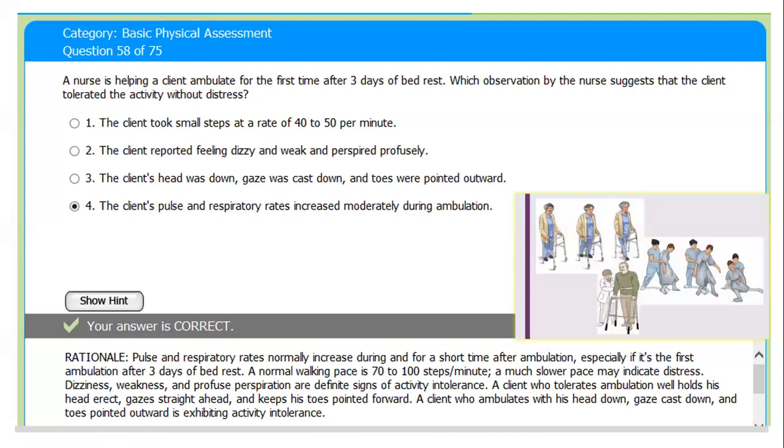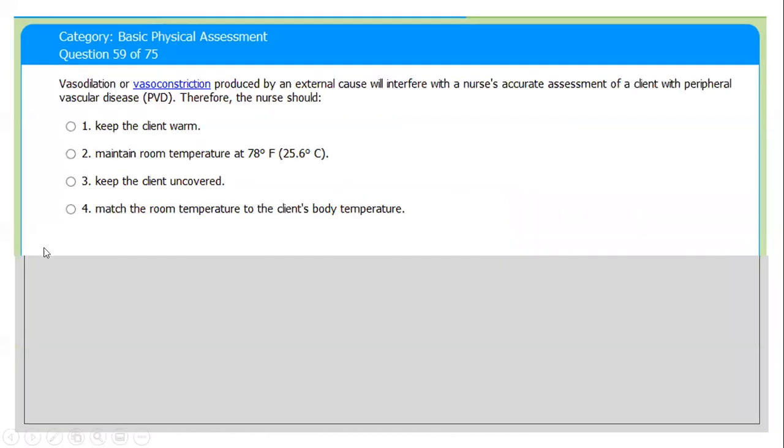The next question here: vasodilatation or vasoconstriction produced by an external cause will interfere with a nurse's accurate assessment of the client with peripheral vascular disease.